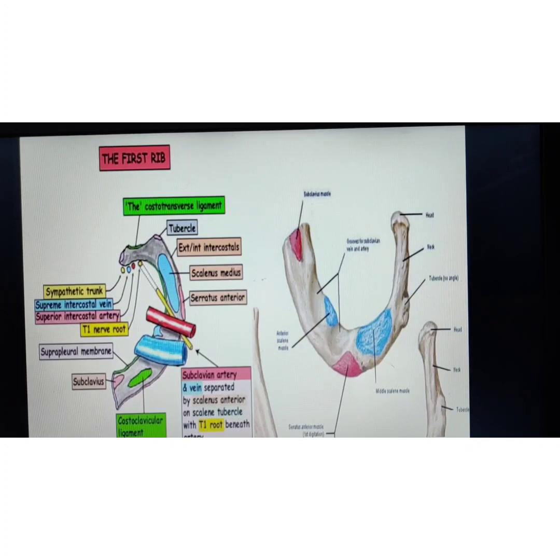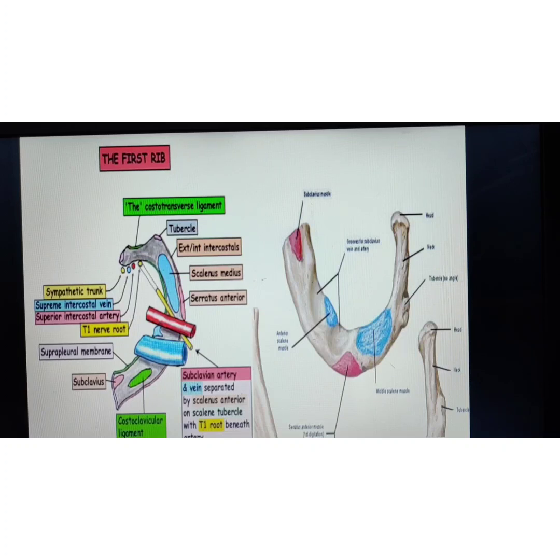Now the costoclavicular ligament is attached to the roughened area which is present on the anterior aspect of the subclavian vein.